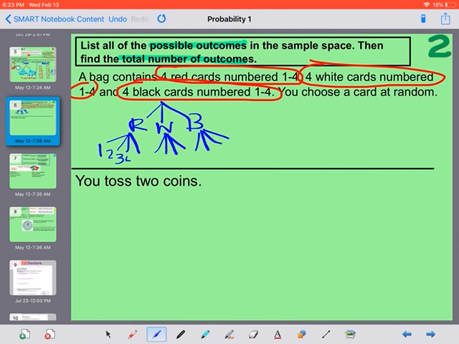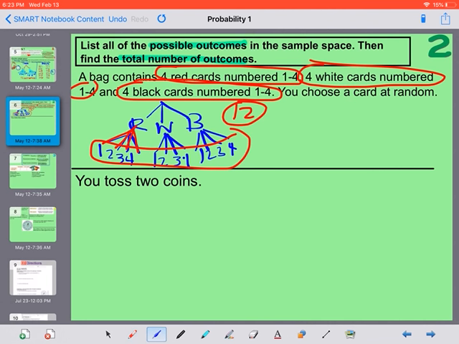So total, there are 12 outcomes. These are how many possible outcomes we could have, because we could have red and 1, red and 2, red and 3, red and 4. There's 4 plus 4 plus 4 is 12 total.